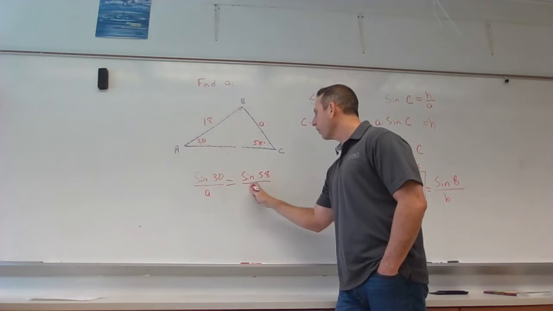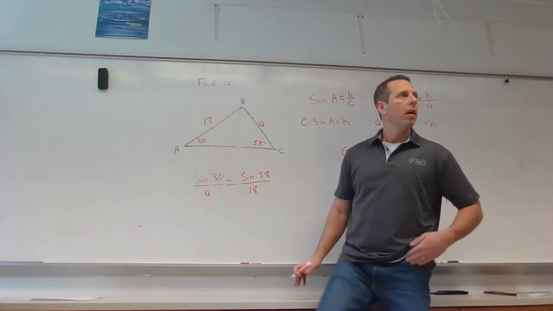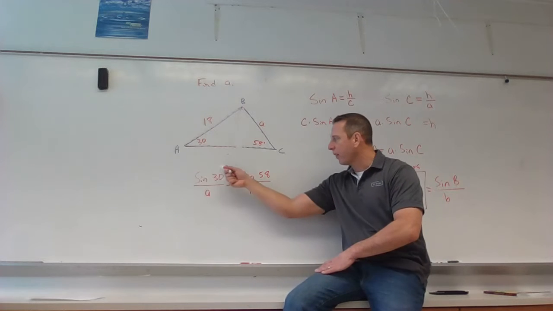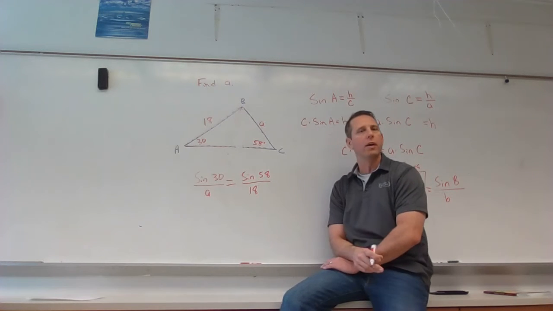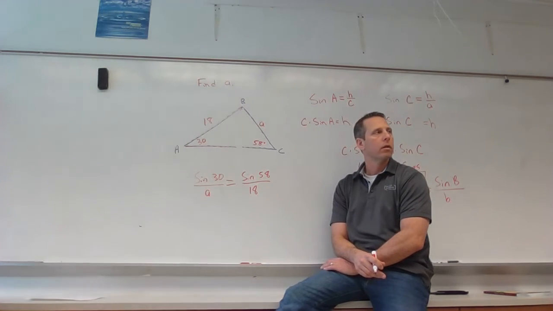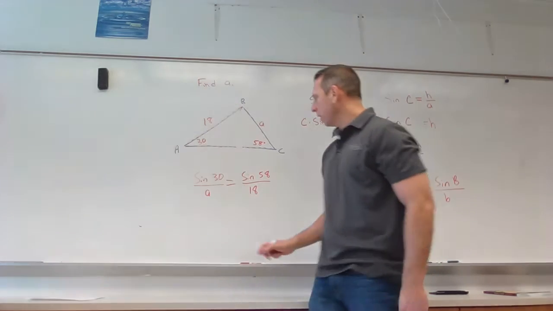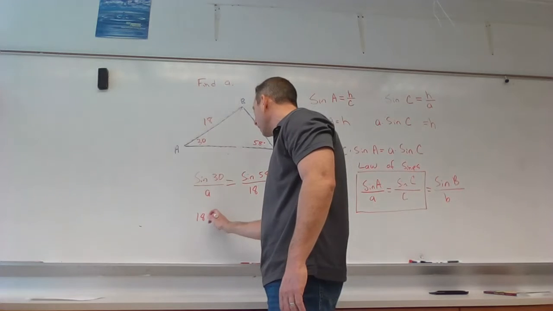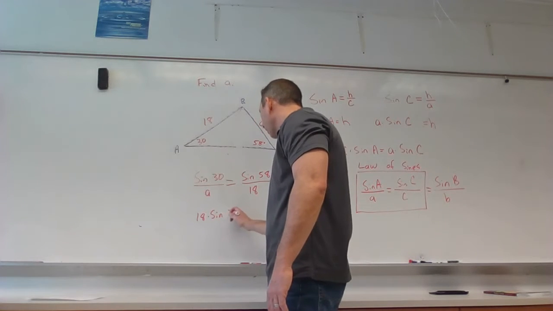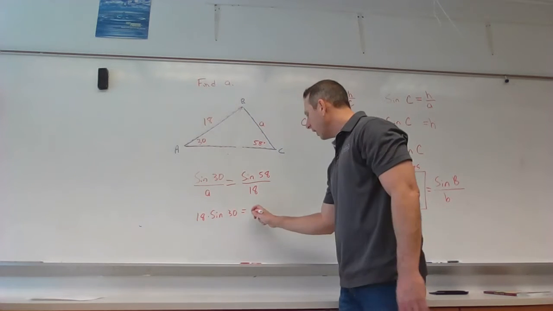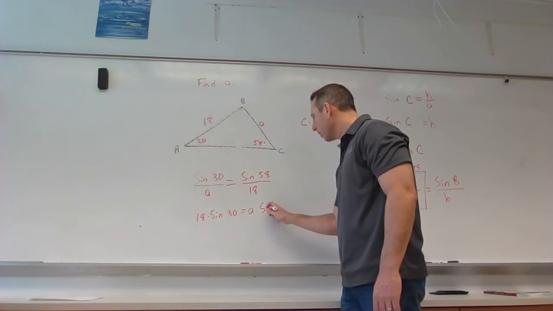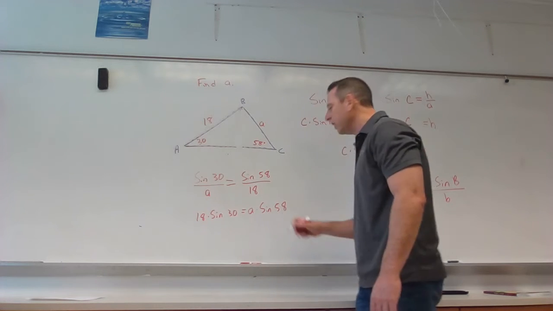Sine of 58 over 18. Now we have our proportion. We've got 3 values, 1 unknown. How do you solve a proportion? Good, cross multiply. So we're going to get 18 times sine 30 equals A times sine 58.